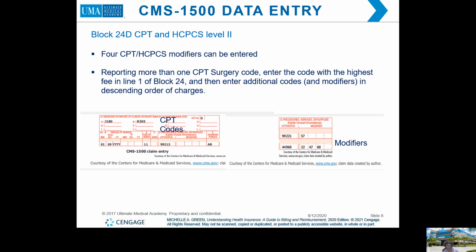Now, remember one other thing. Providers, physicians, and doctors, they do not complete claims. When you have homework or assignments or tests, and it says the provider did this, the provider did that, you are representing the provider in those scenarios. You work for the provider.